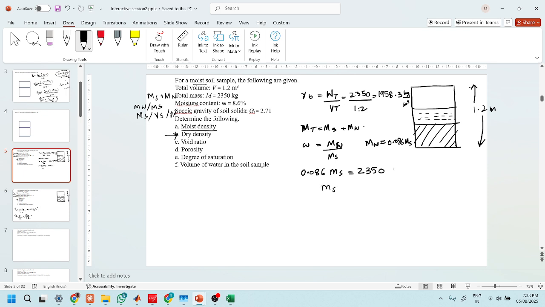So the mass of solid equals, okay, we were writing it as mass of water. 2163.9 kg is the mass of solid, and the mass of water will be 2350 minus 2163.9 equals 186.1 kg.